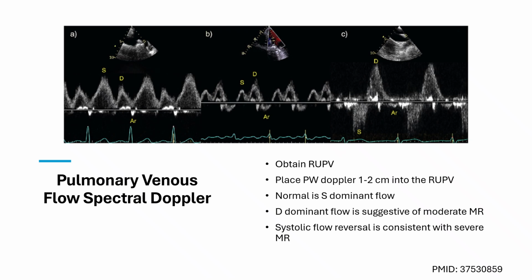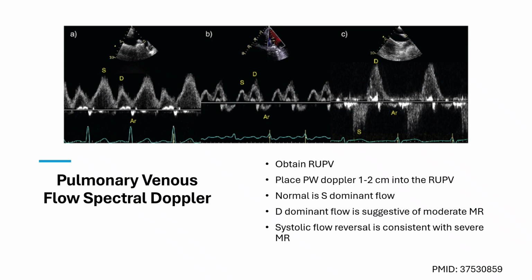Pulmonary venous flow spectral Doppler can be used to assess the severity of mitral regurgitation and support your findings. Again, like discussed earlier, sometimes it is challenging to obtain pulmonary veins on the transthoracic echo, but usually the right upper pulmonary vein is easiest to obtain. You want to place pulse wave Doppler 1 to 2 centimeters into the right upper pulmonary vein.